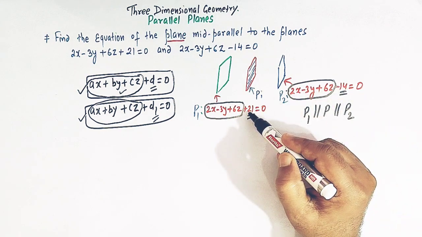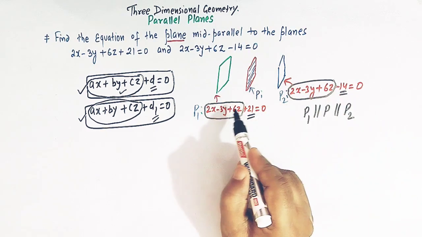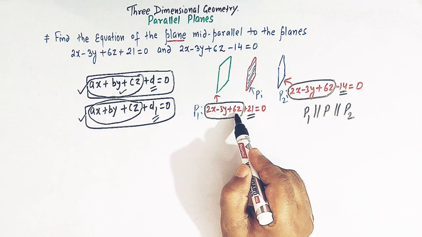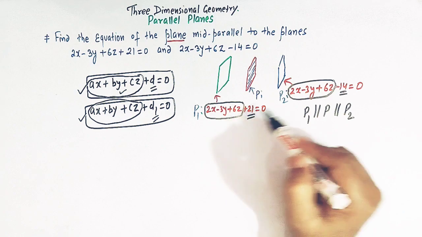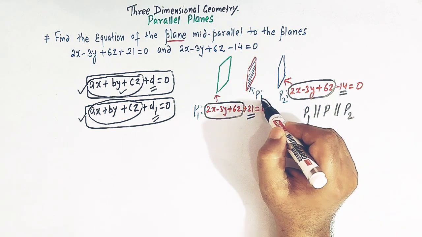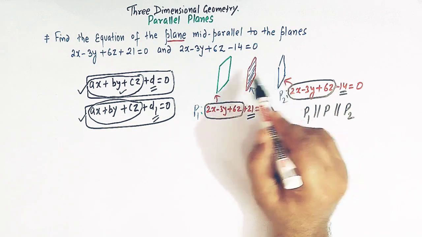So here we have plus 21 and here we have minus 14, right? And this algebraic part, that is 2x minus 3y plus 6z, remains the same, right? So we have to find the equation of this plane, right? Which lies exactly between these two planes.